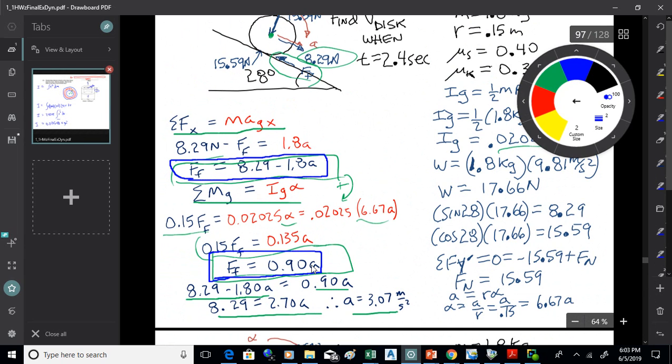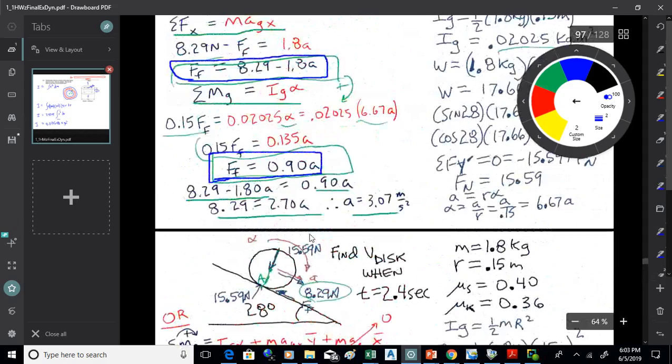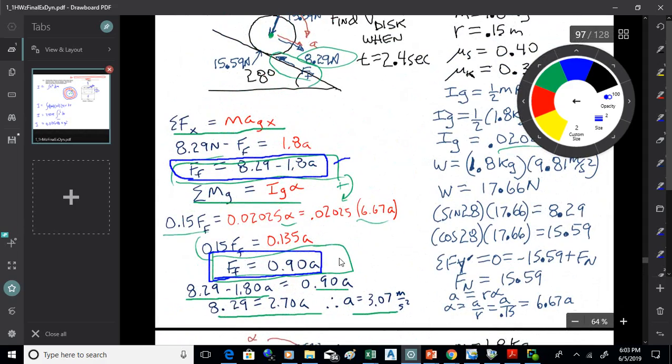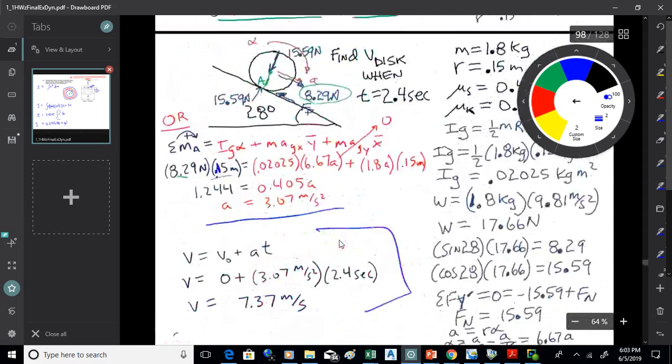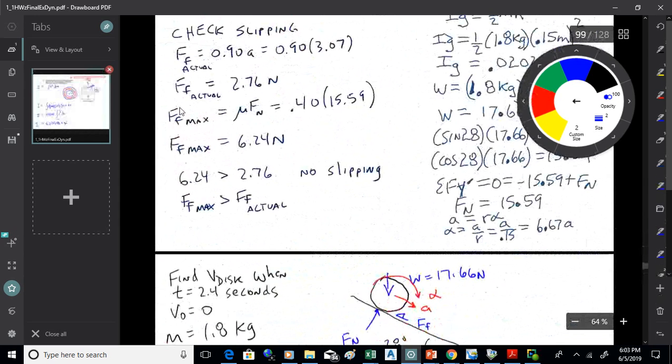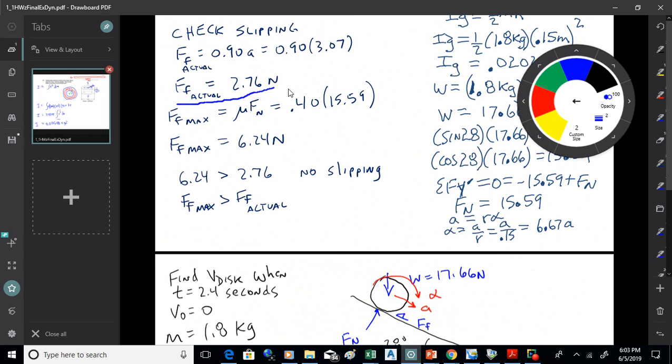So you plug in A and solve for the friction. You could use either one of those equations. Either one's fine. I used the lower one because it's simpler. And what I have here for the actual force of friction is 2.76. So that's the friction that's needed to get A and alpha to move at those rates and correspond.